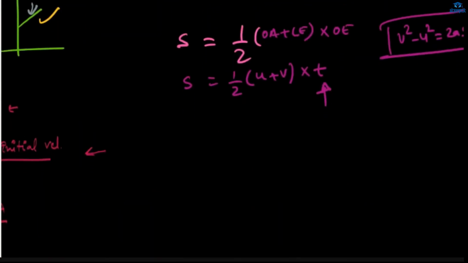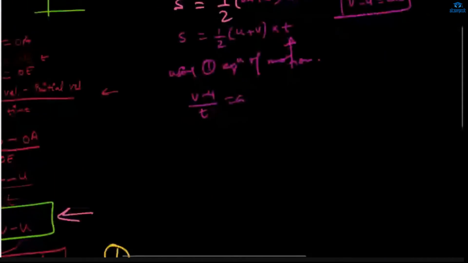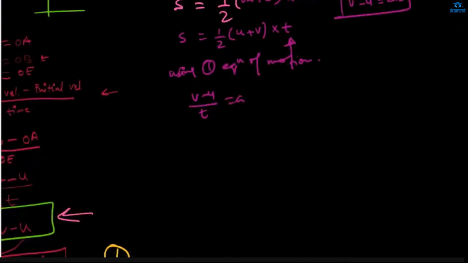So for T, using the first equation of motion, what is it? V minus U upon T is equal to A. Because we do not need T, can we write T is equal to V minus U upon A, cross multiplied?